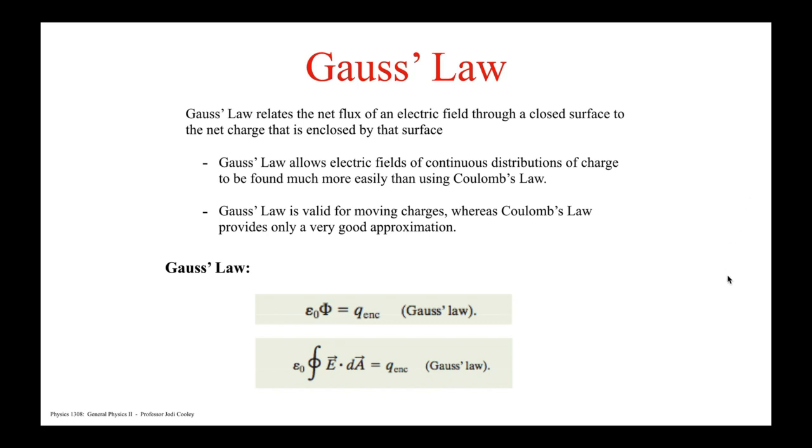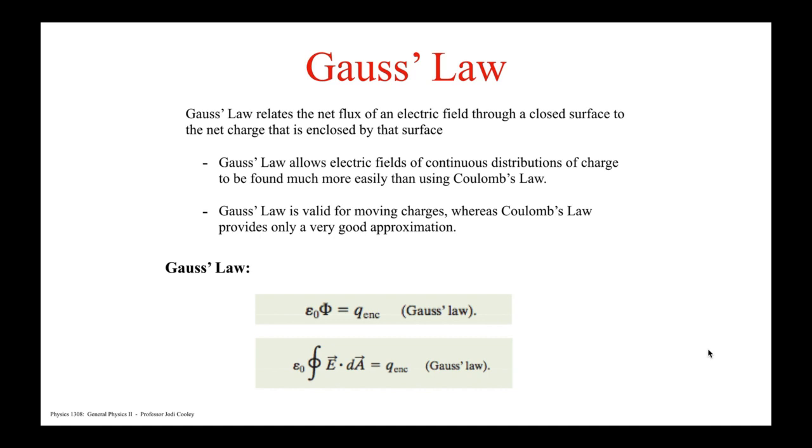So Gauss's law relates the net flux of an electric field through a closed surface to the net charge that is enclosed by that surface. So why is it that we even have Gauss's law? Gauss's law allows electric fields of continuous distributions of charge to be found much more easily than using Coulomb's law.